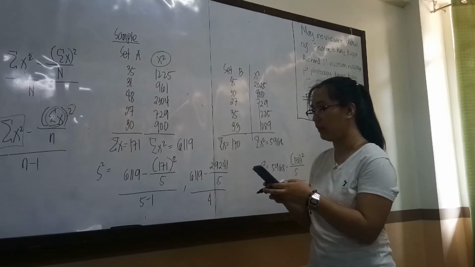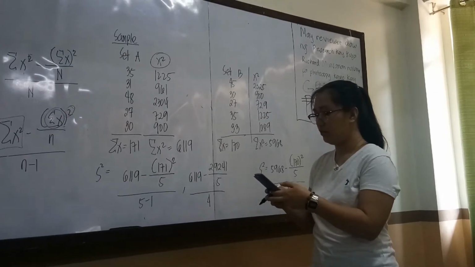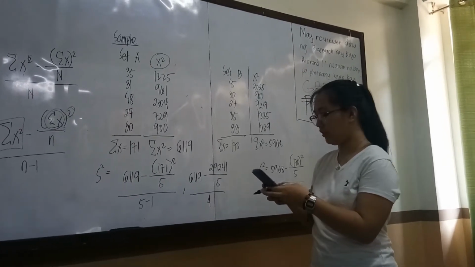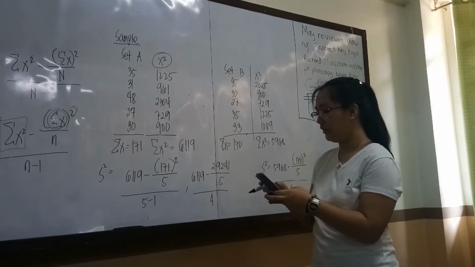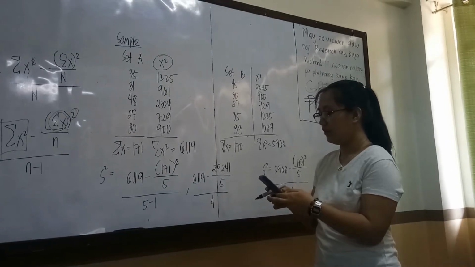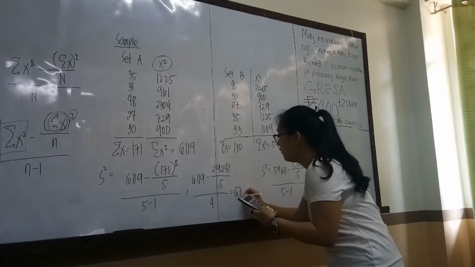So we have 6119 minus, sorry, 6119 minus 29241 all over 5, all over 4. So your answer should be what? 67.7.